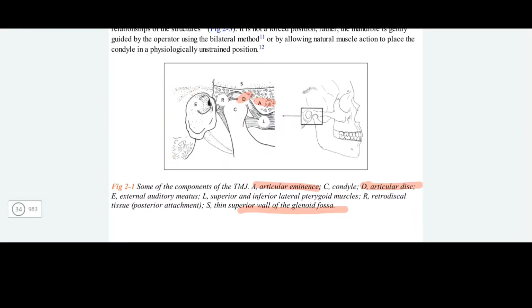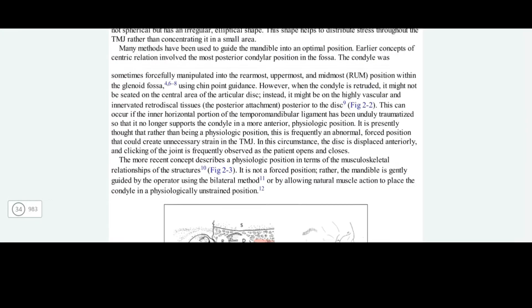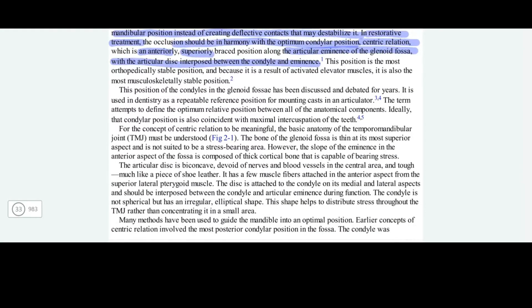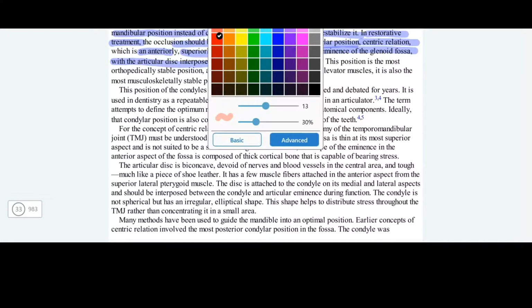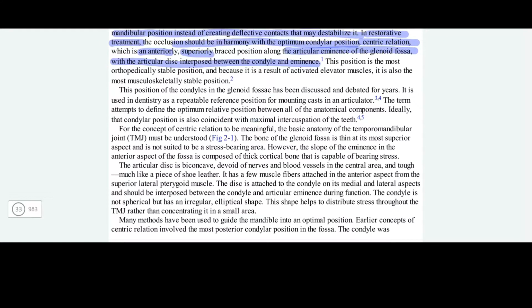This is the summary of centric relation. This position is the most orthopedically stable position. And because it is a result of activated elevator muscles, it's also the most musculoskeletally stable position.